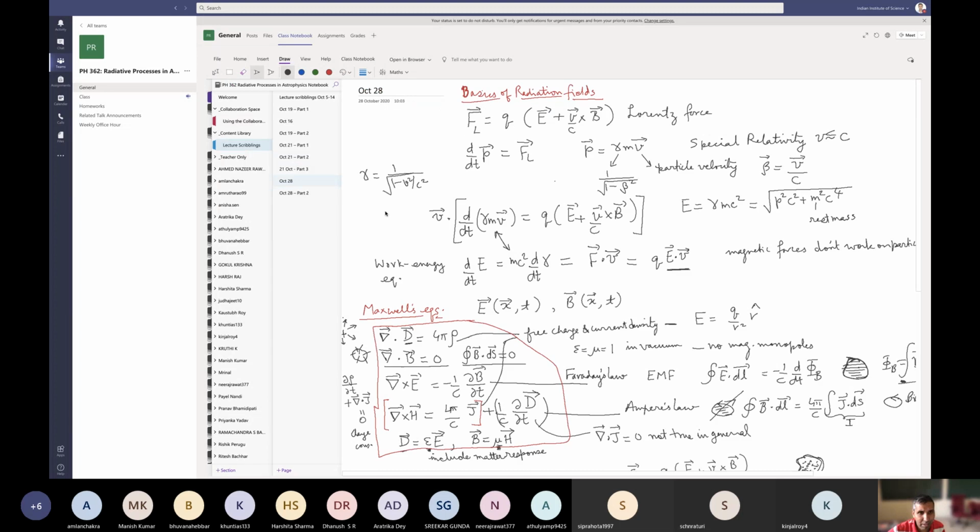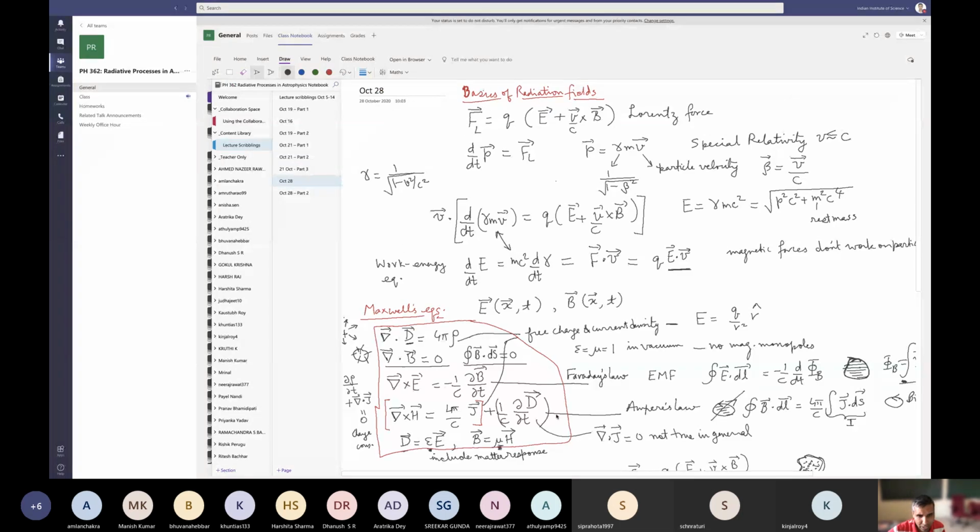So these are our Maxwell's equations, right? So we have terms like ∂/∂t of D. So if you do an E dot of this equation, you will get something like ∂/∂t of E², right? And you will have J·E from here, and you will have E·(∇×B). I'm actually using H and B interchangeably.